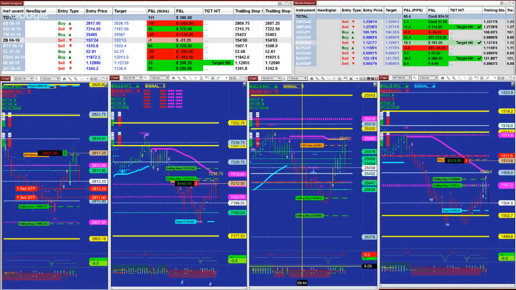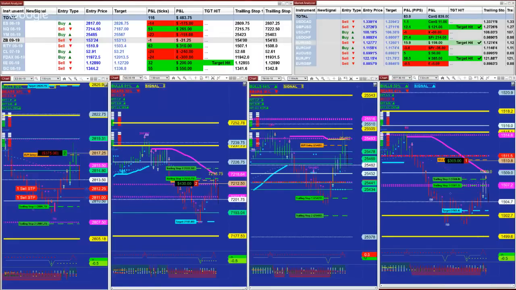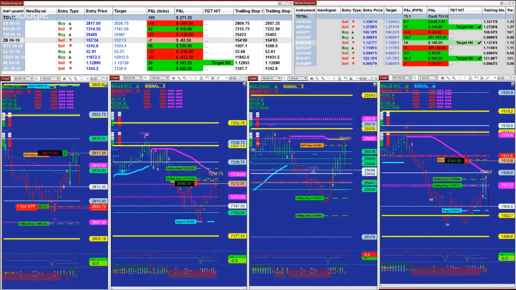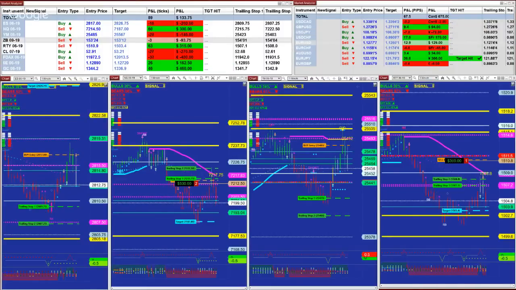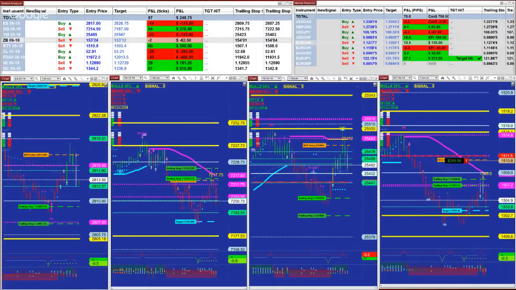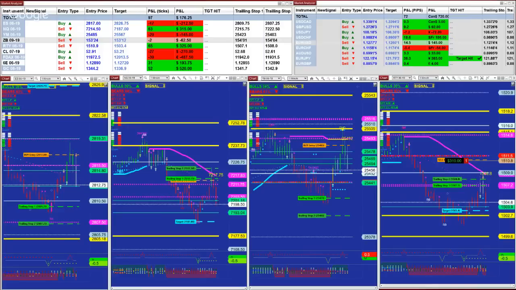Okay, flatten everything out, guys. Let's recalculate here. Just flatten everything out. I forgot all the news.